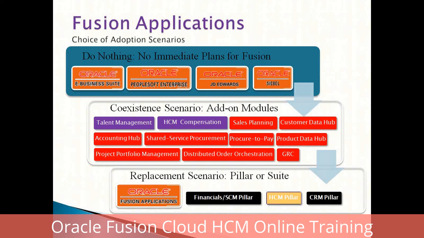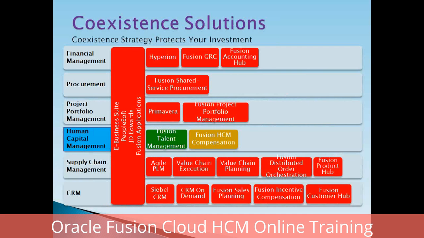Instead of going for the E-Business compensation, try the Fusion compensation. Or you don't have the E-Business talent, so go and try the Fusion talent. So like this, we call it coexistence or the plug and play model. Even that is offered to the customers. So those who are not interested in fully transforming from the present applications to Fusion, they can continue with their own, whatever they are right now, or they try with some pillar or suite, or go for the coexistence.